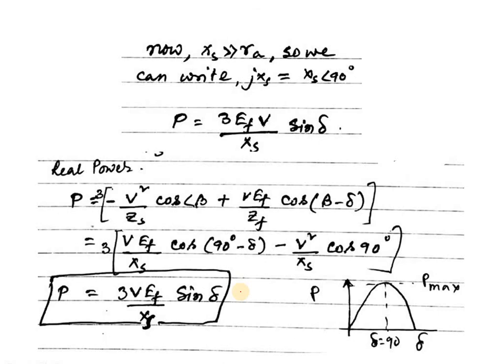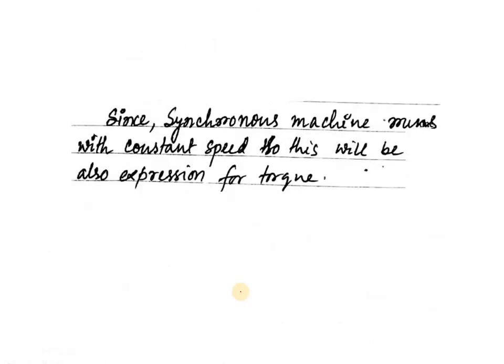Same calculation which we did for motors, we have done for the generator, and that is the equation we are getting: P equals 3 V EF by XS sin delta. Since the synchronous machine runs with constant speed, this will also be our expression for torque. Whatever expression for power we are getting, that expression is similar for torque also, because the machine runs with constant speed.